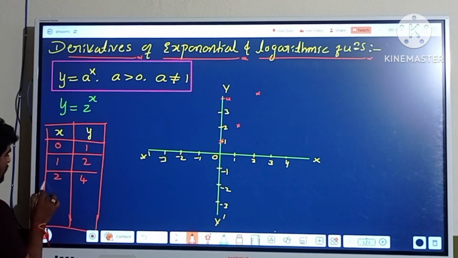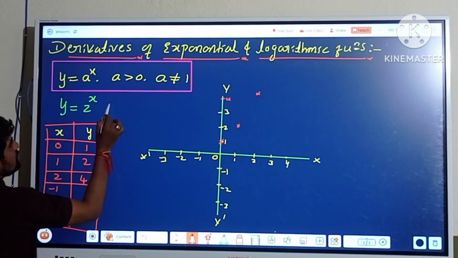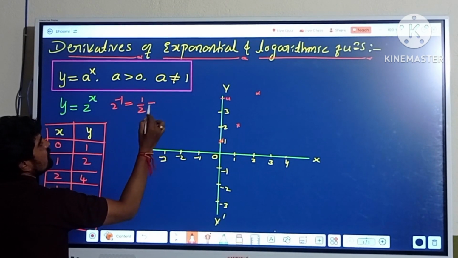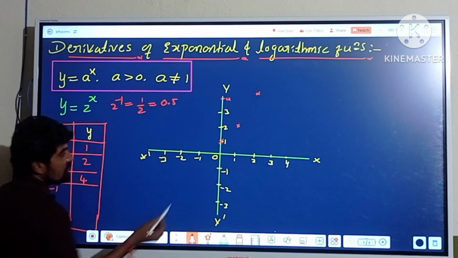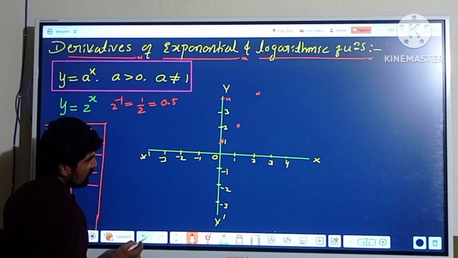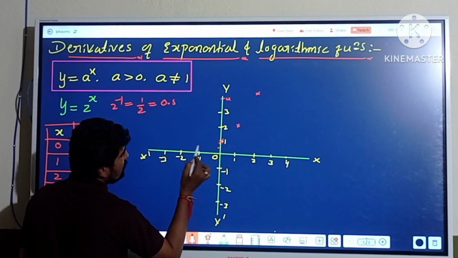Now let us consider negative values of x. When x is minus 1, it means 2 power minus 1, which is 1 by 2, that is 0.5. So, when x is minus 1, y is 0.5.